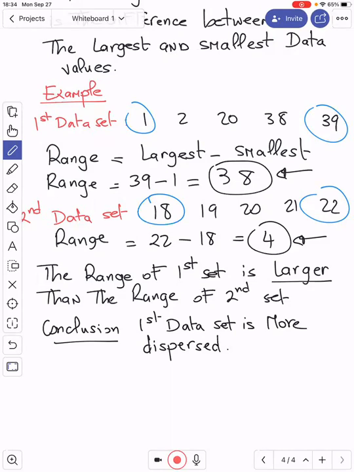You can have two data sets with the same range, but one data set would be more dispersed. So the problem with the range is that it doesn't tell us how much the data values vary from the mean.